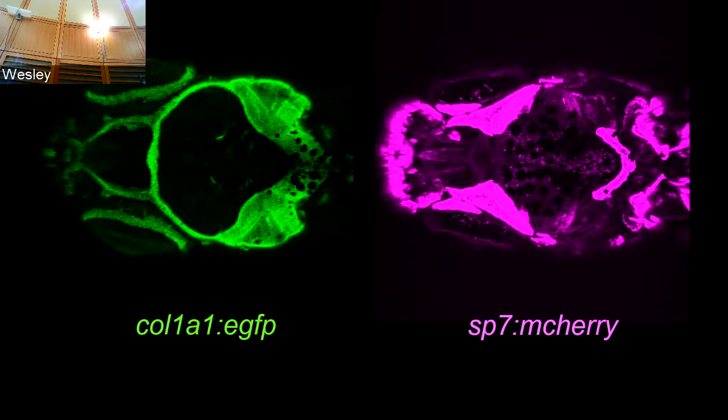And these are great lines for imaging. They're extremely bright. They have very low background, and they maintain expression into adulthood. So as long as we can get light to penetrate the samples, we can see them.